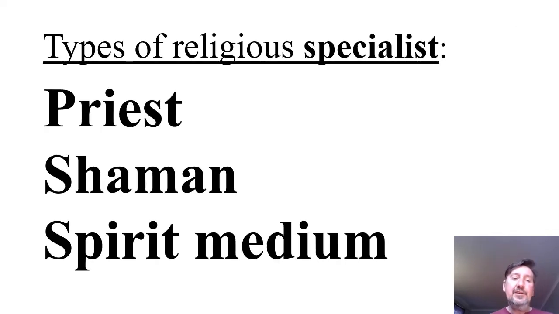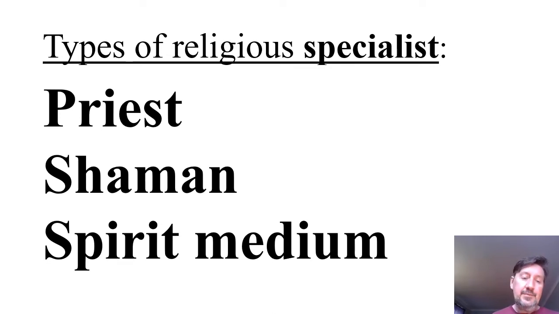There are also many different categories of religious specialists, people who hold special positions or perform special acts that ordinary people are not capable of performing. One is a priest. A priest is a person who mediates between their congregation and a god or a spirit being.